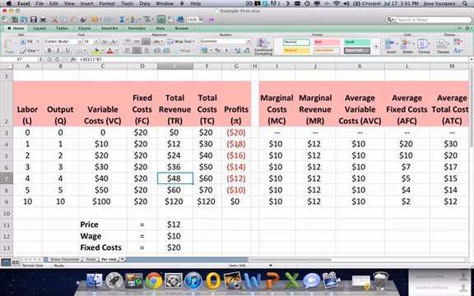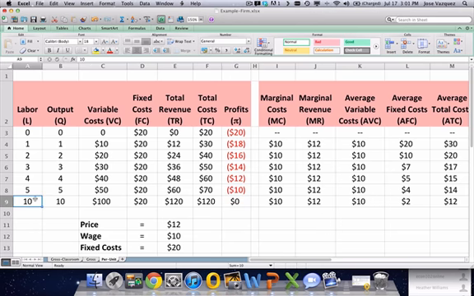The revenues keep going up by 12, and your costs are going up only by 10. So at some point you will be able to meet those fixed costs and also pay for your variable costs to break even. That's when you have 10 hours: you make $120 in revenue, you pay $100 in labor costs and $20 in fixed costs. So at that point you're breaking even.